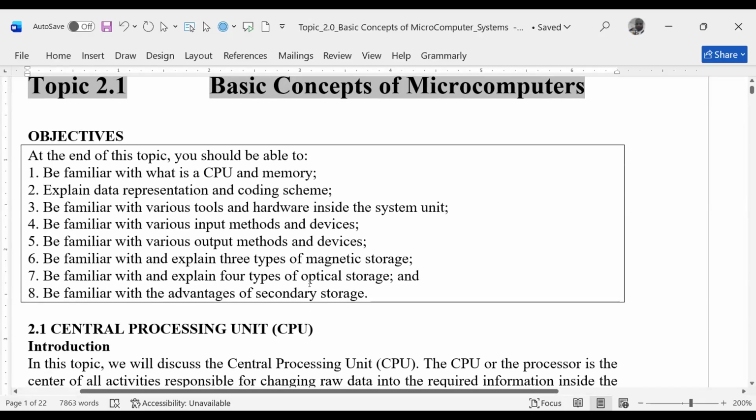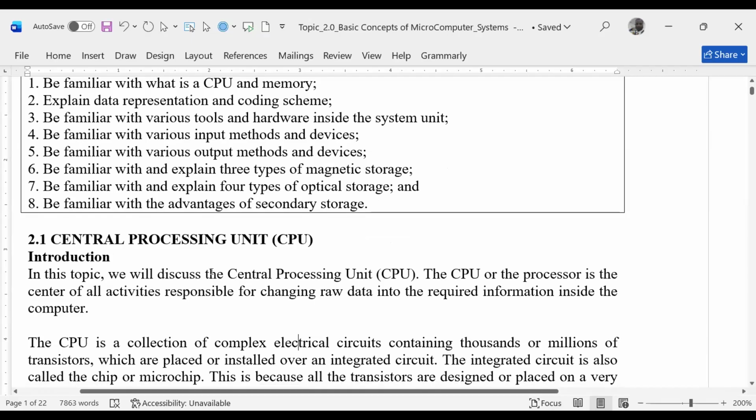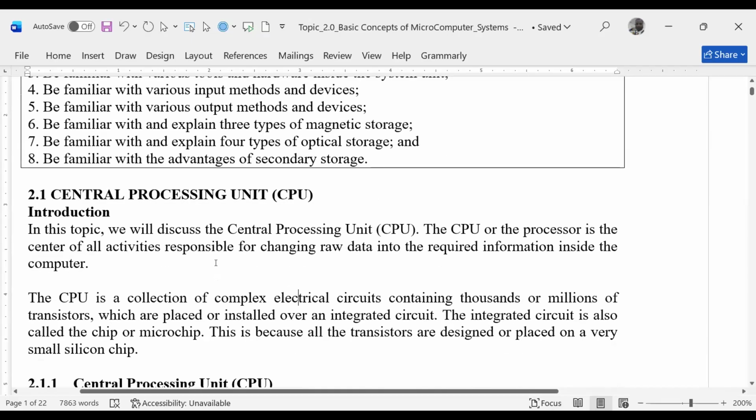This topic will go through all this. You should be able to be familiar with the key components such as memory and then the processor. First, I start with 2.1, CPU or the central processing unit.